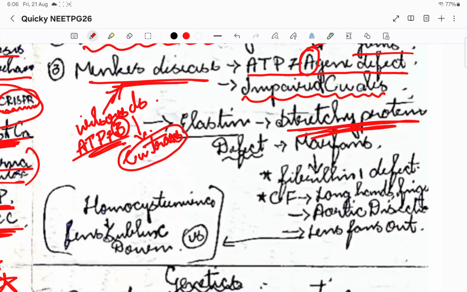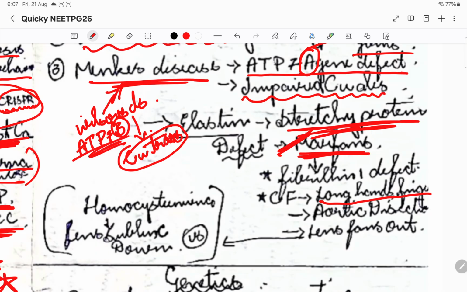Elastin is also a connective tissue, just like collagen. If there is a defect in elastin, it is going to lead to Marfan's syndrome. You would have definitely heard of Marfan syndrome, and if you watch medical dramas like House MD, you would have come across Marfans, where there will be long hands and fingers.